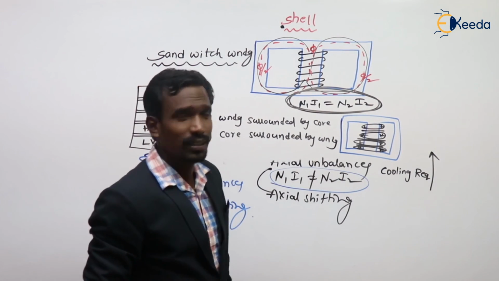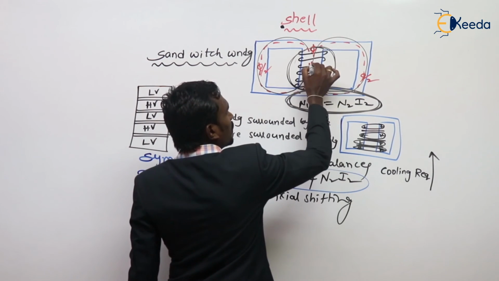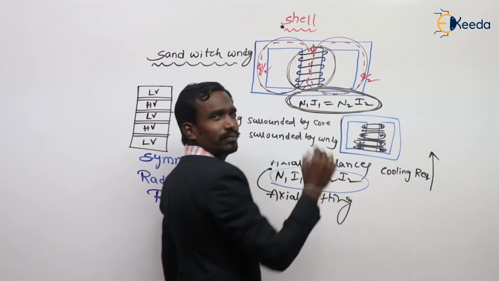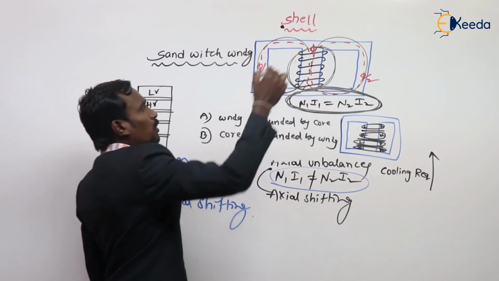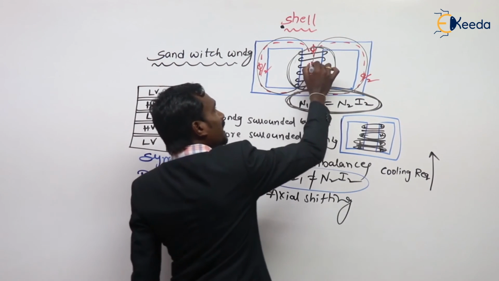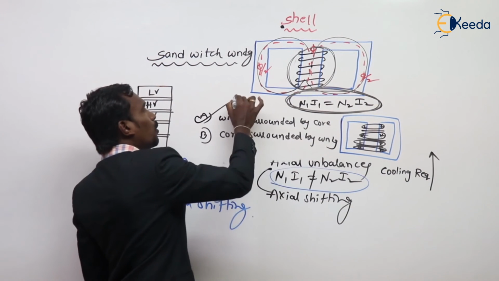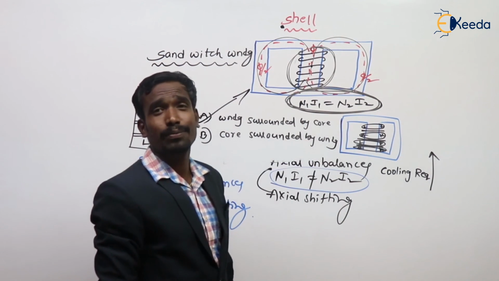See, this is the winding. This winding is in the middle and the core surrounds it. Here the winding is surrounded by the core. Winding surrounded by core is a shell type. What about core type?